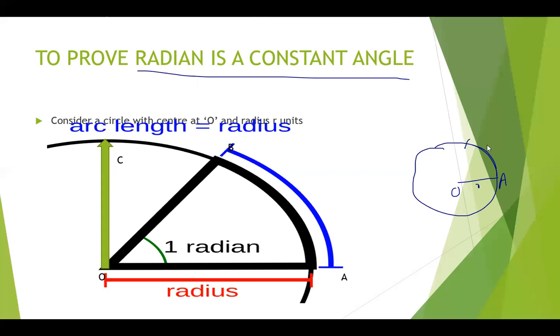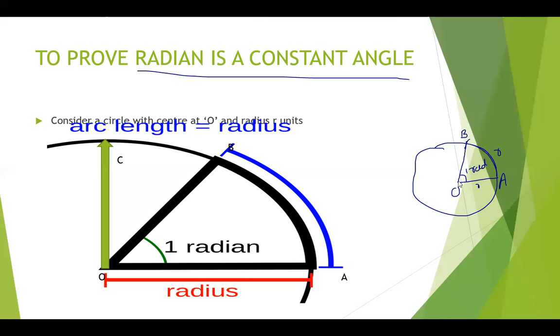it is also 5 centimeters like that. Then mark that end point as B. It is also equal to the radius of the circle. And when you join O to B, the angle subtended by this arc at the center is always equal to 1 radian, isn't it? Now, in order to prove this statement, that radian is a constant angle, I will do a construction here.